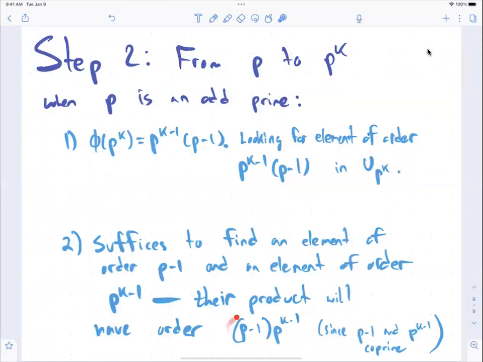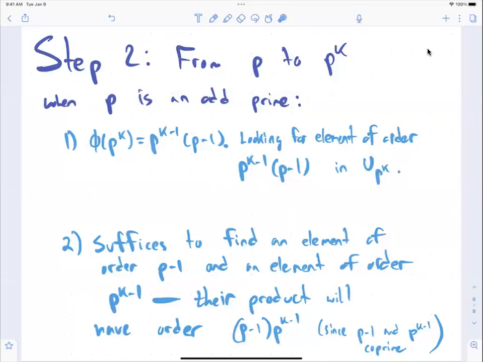The reason that's true is because the GCD of p minus 1 and p to the k minus 1 is 1. This is a general fact about orders of elements that you can check. It's an exercise, but not a very difficult one. When we have two elements whose orders are coprime, their product has order the product of those two orders.